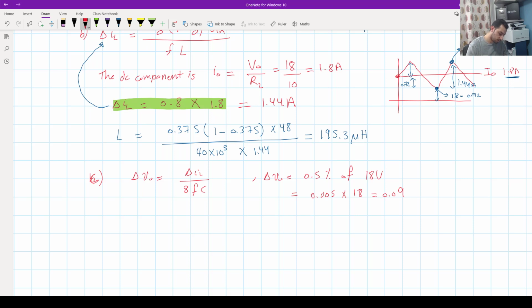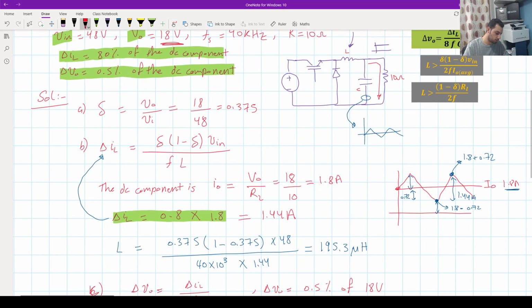So now the capacitor will equal delta IL, which is 1.44 from the previous part, divided by 8 times 40 kilo times the delta VC, which is 0.09. And that will give us a value of 50 microfarad.